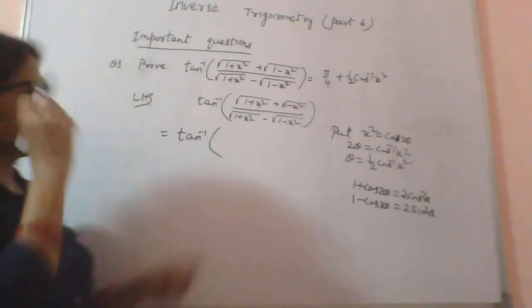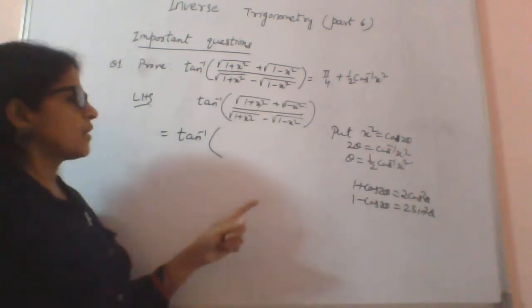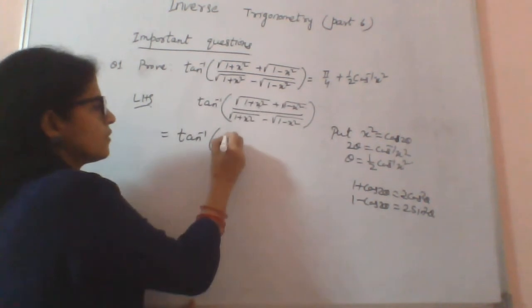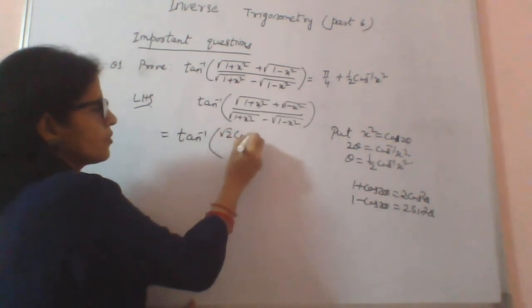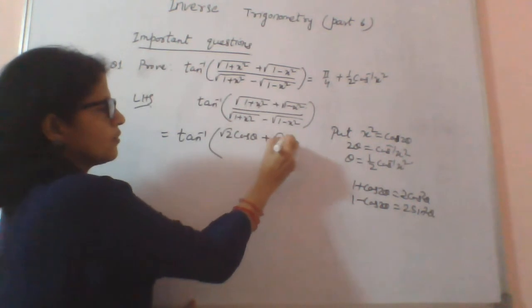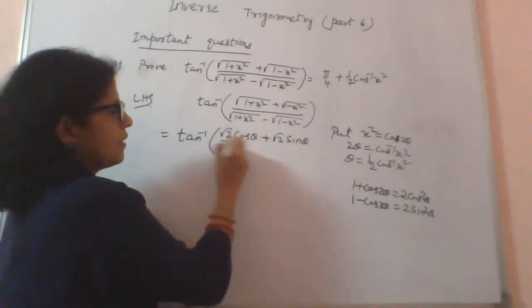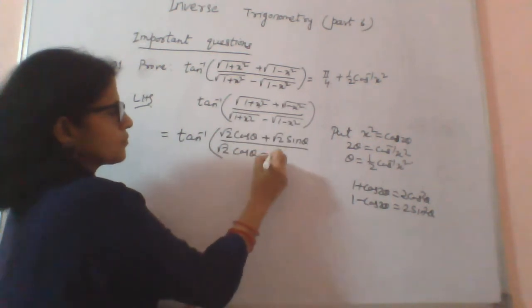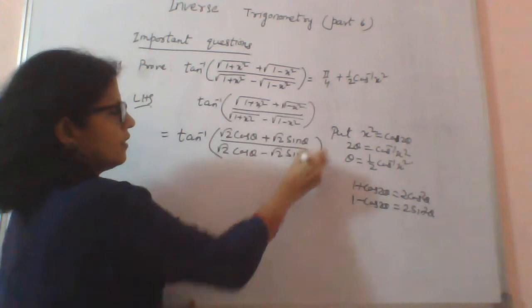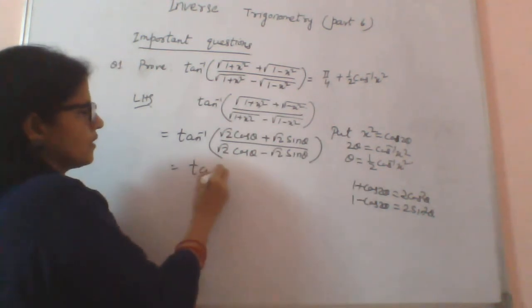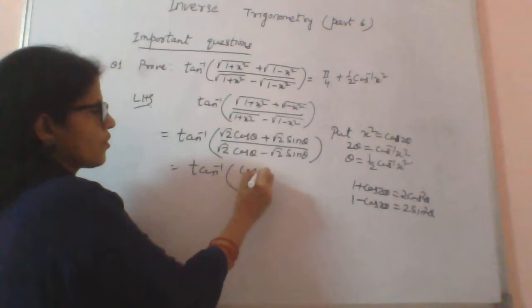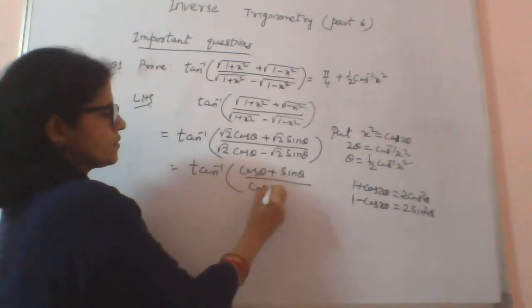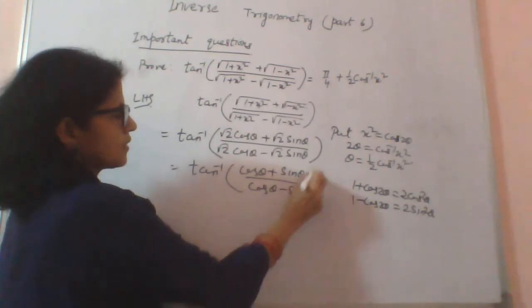Taking the square root, that means root 2 cos theta plus root 2 sin theta over root 2 cos theta minus root 2 sin theta. So we are getting tan inverse of (cos theta plus sin theta) by (cos theta minus sin theta).